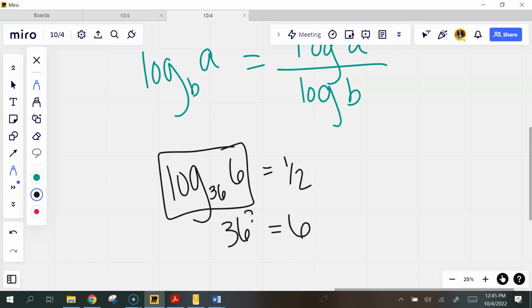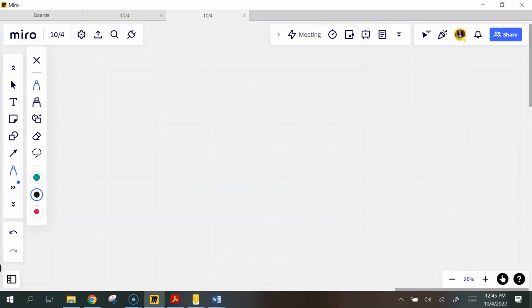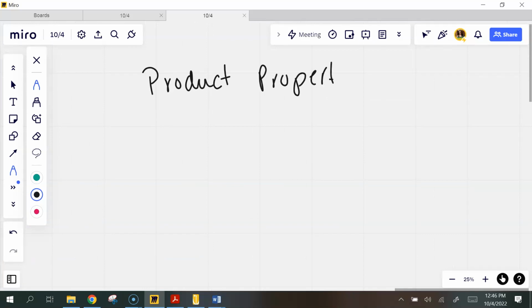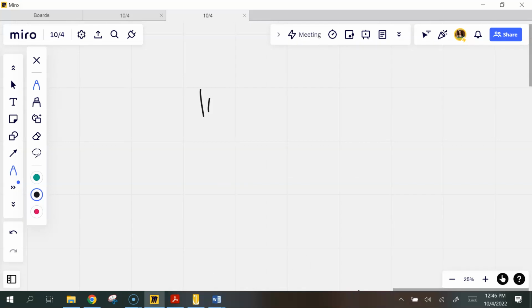Let's do the product property. What's log base 5 of 138? Can everybody get that on your calculator? Calculator. So, there you go, Robert. Oh, okay.